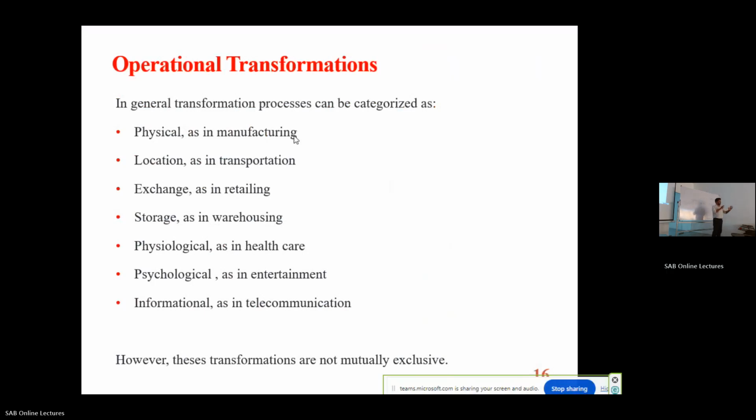Materials are physically transformed into something different. Now, in tea factories, what happens? What is the input? Tea leaves. Through the process, they are physically converted into tea powder. Have you seen that? That is the conversion. In garment factories, fabric and other materials are physically converted into garments.